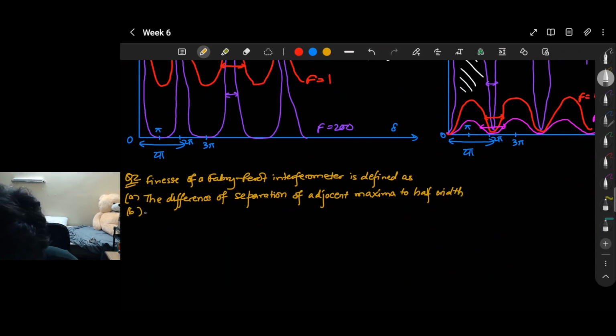Option B, the difference of half width to separation of adjacent maxima.